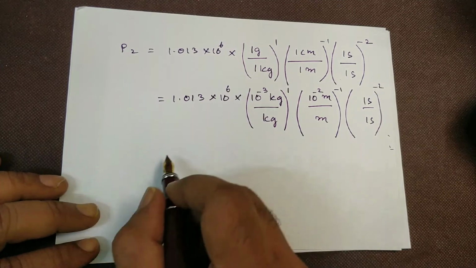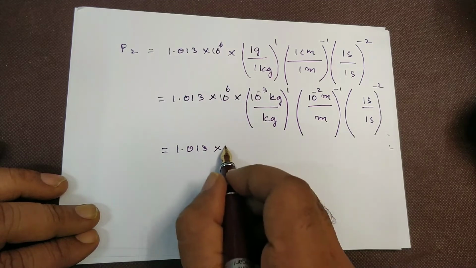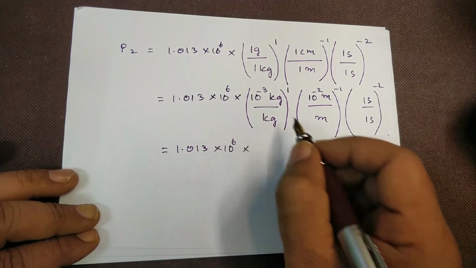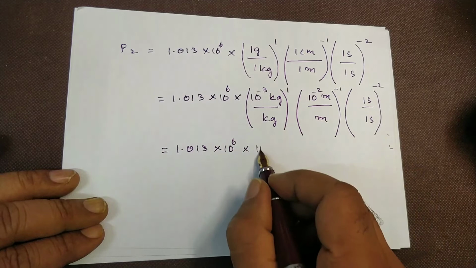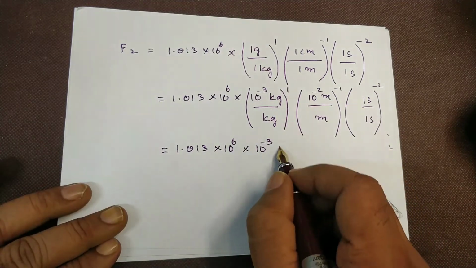So that is equal to 1.013 into 10 power 6 into, kg can be cancelled, so you have 10 power minus 3 whole power 1, so 10 power minus 3.